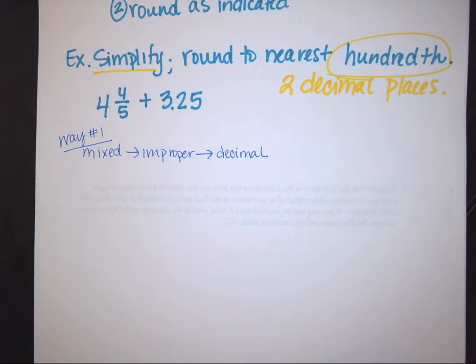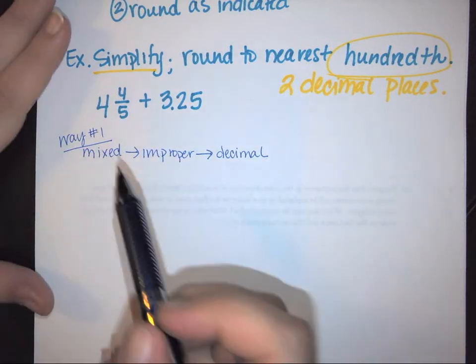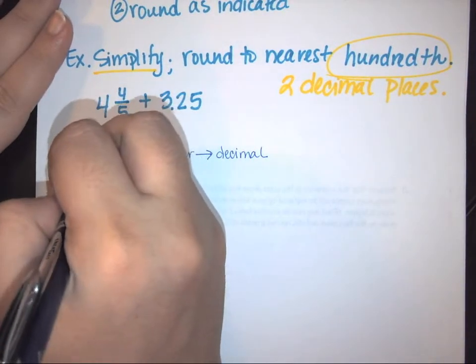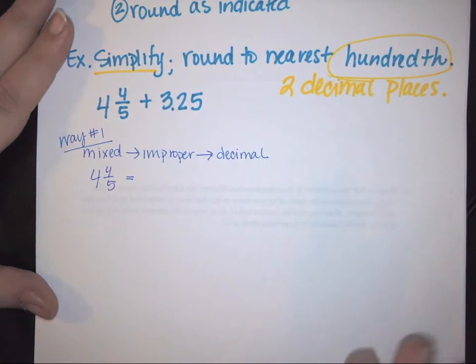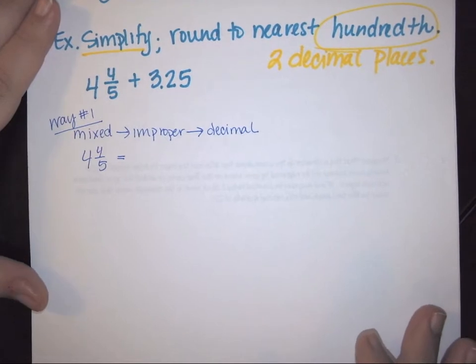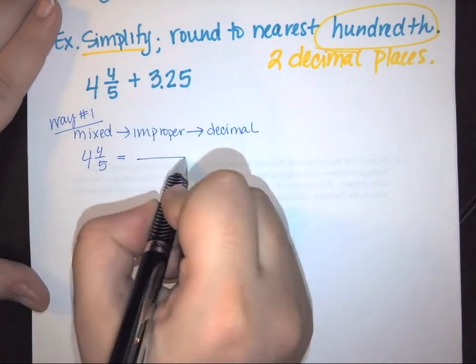Okay. Now the reason I like to show this method is because, believe it or not, this is what most students end up doing, because usually when we're working on math we see the longer method first instead of the shorter method. So to do that, I'm starting with my mixed number, so I have 4 and 4/5. To convert that into an improper fraction, I'm creating one fraction.